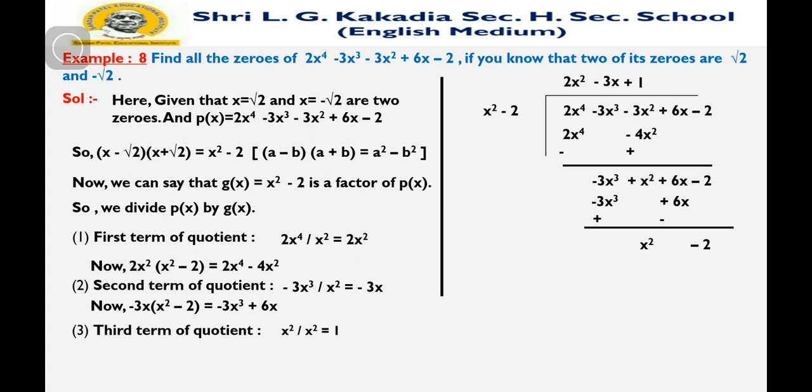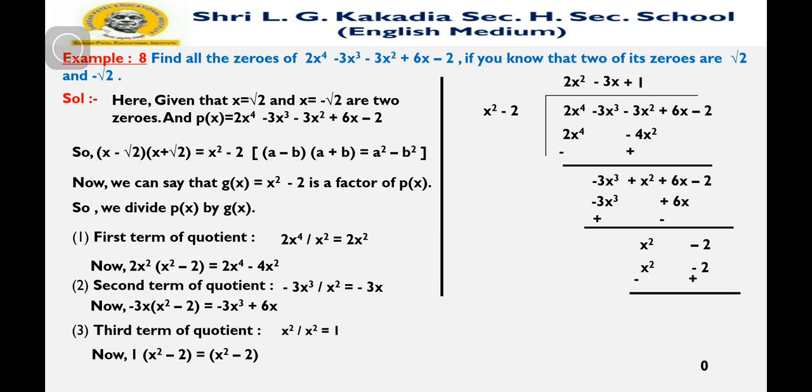Now we multiply plus 1 with x square minus 2, and we get x square minus 2, and we subtract this from the dividend x square minus 2. We change the sign: plus, then minus, minus, then plus. So x square minus x square will be 0, and minus 2 plus 2 will be 0.